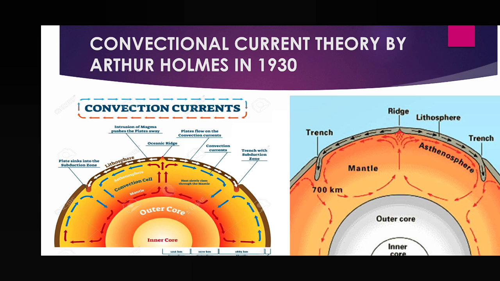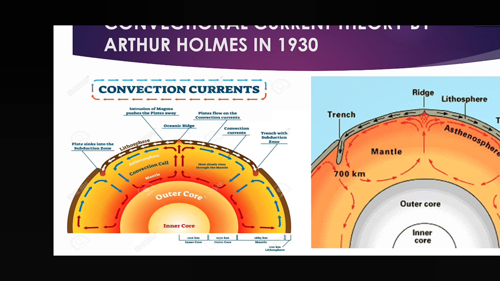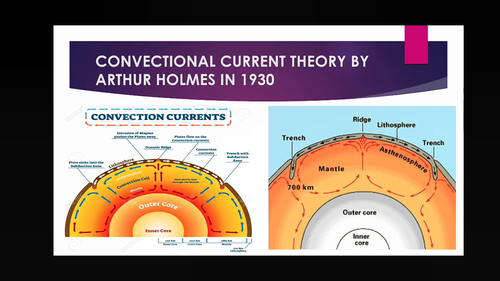So it starts to move upward. Take a look, the red color arrow signs are moving upward due to the warm condition. And when it moves upward, it is obstructed by what? The solid lithosphere. Sometimes this upward movement of magma can gradually cause a crack in the lithosphere.